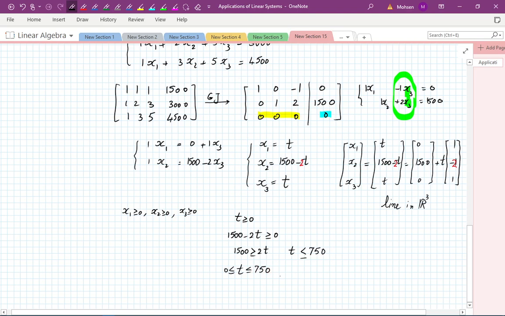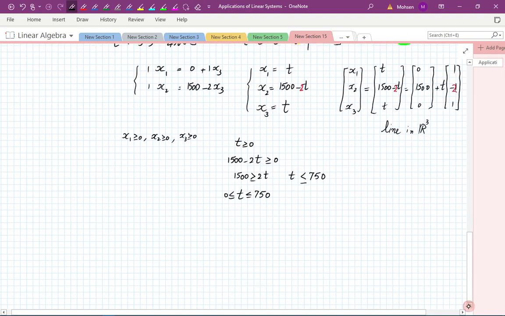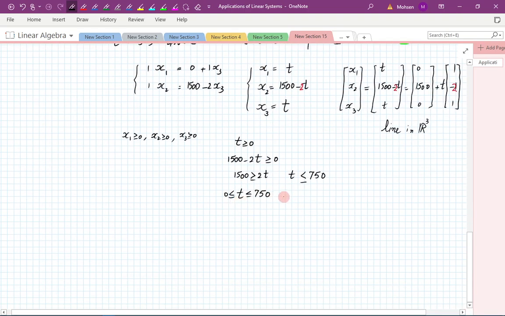So my mistake here, this was supposed to be a 2 here, which changed the problem a bit. So that means, if t has to be a whole number, it's either 0 or 1 or 2 or up to 750. So 1 of 751 whole numbers it can be.